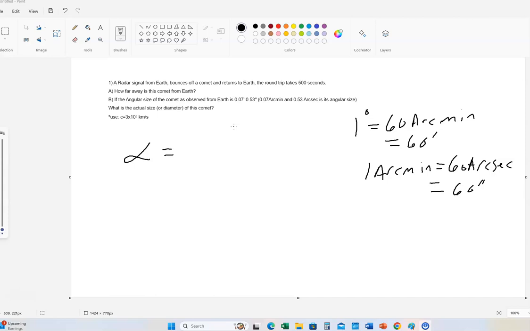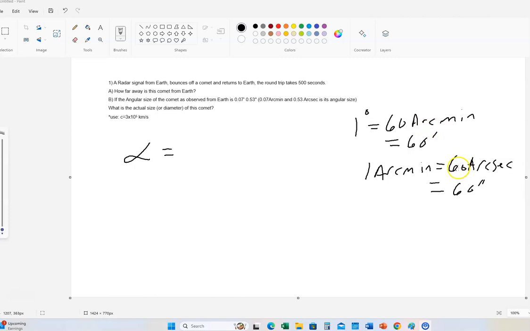I've written over here, 1 degree is 60 arc minutes. If you take a protractor and look at 1 degree, that's just a tiny little angle. But if you broke that angle into 60 equal parts, like 60 little pie wedges, one of those would be called an arc minute.